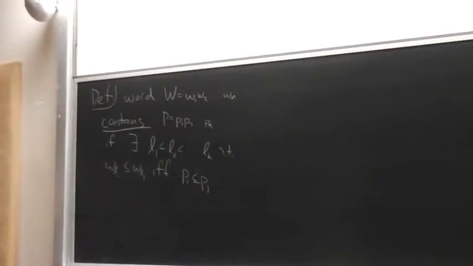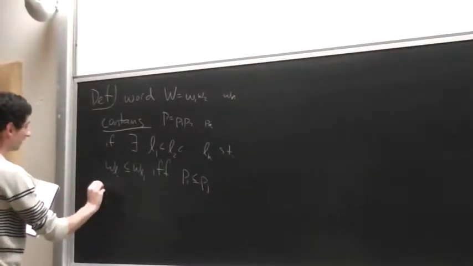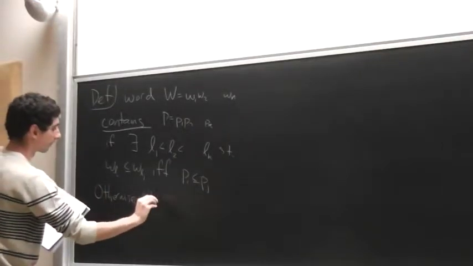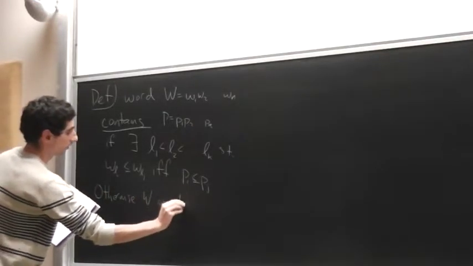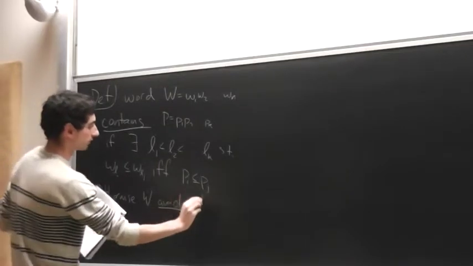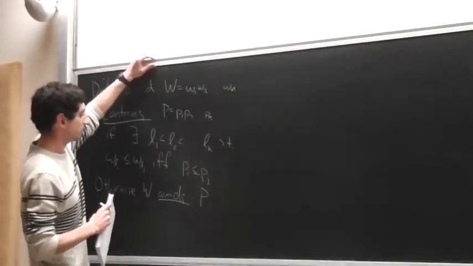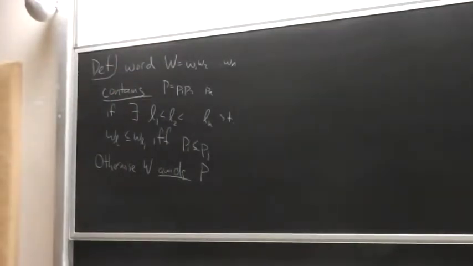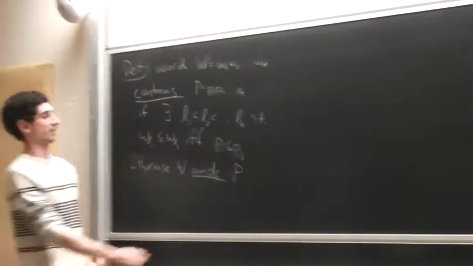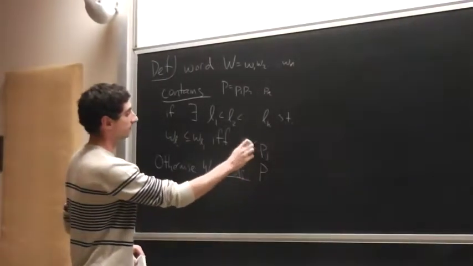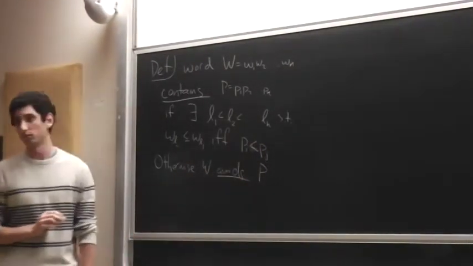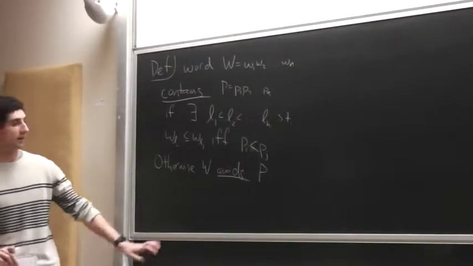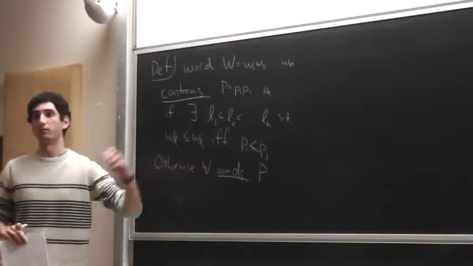So here's the definition of containment, and otherwise W avoids P. Yes, we could have just as easily said if Pi is strictly less than Pj. Otherwise we say that W avoids P.